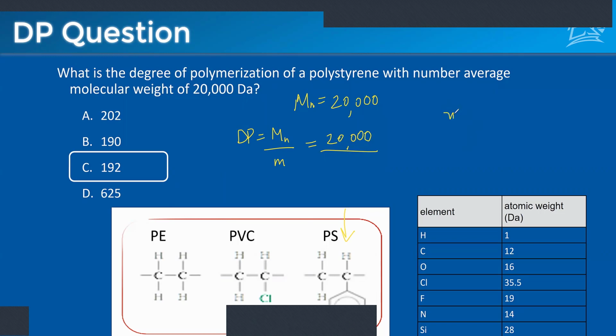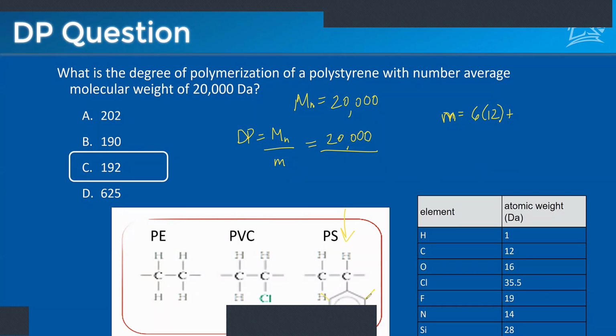So our monomer weight is going to be 6 times 12. That's the weight that we get from our carbons. And how many hydrogens do we have? If you go back to your organic chemistry class and think about how many hydrogens are on this ring, the circle inside this ring means we have 1.5 bonds, not single bond, not double bond, 1.5 bonds inside this ring. So we actually only have 1 hydrogen off of each of these carbons.